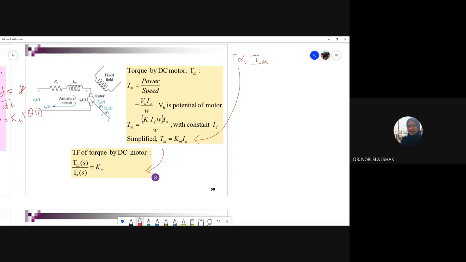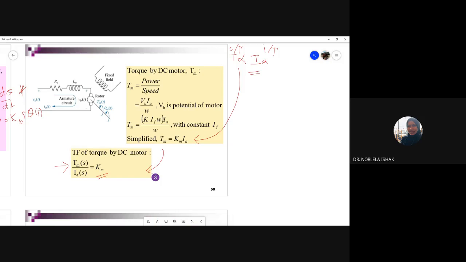Torque is the output, and torque is proportional with Ia. So torque is our output and this is our input. So output over input is equal to the gain constant for the DC motor.